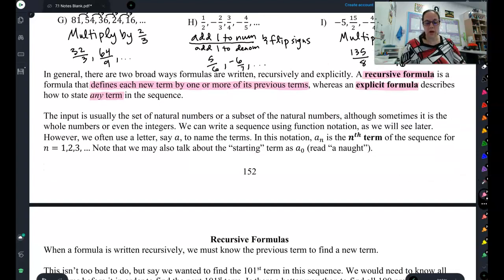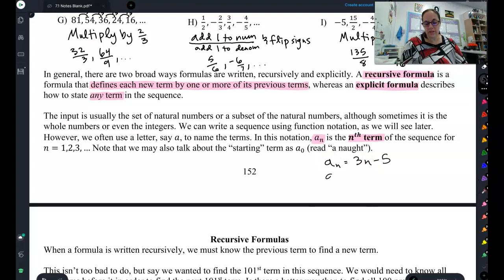A couple more vocab terms. If you see this a sub n, that means the nth term of the sequence. Basically, that means the equation for the sequence. So like if I wanted to say a sub n equals 3n minus 5. That's the equation for this sequence, and I plug in my term number to get my answer for that term.